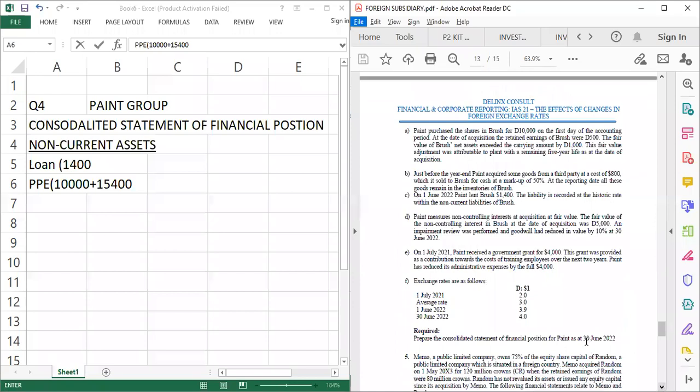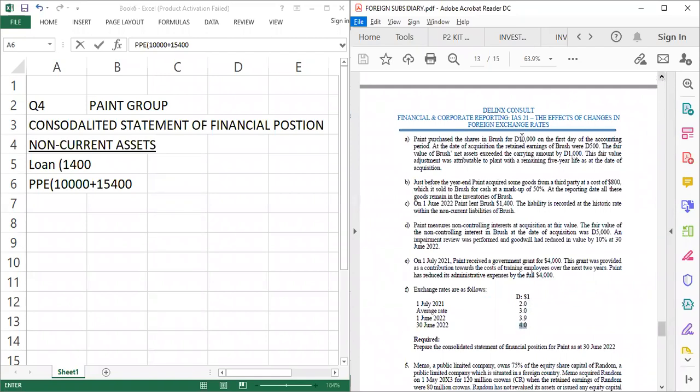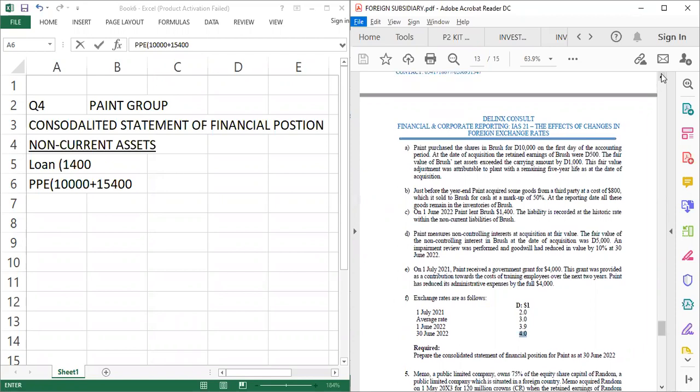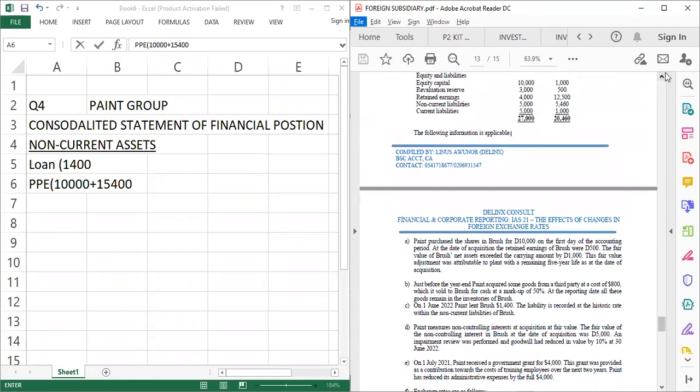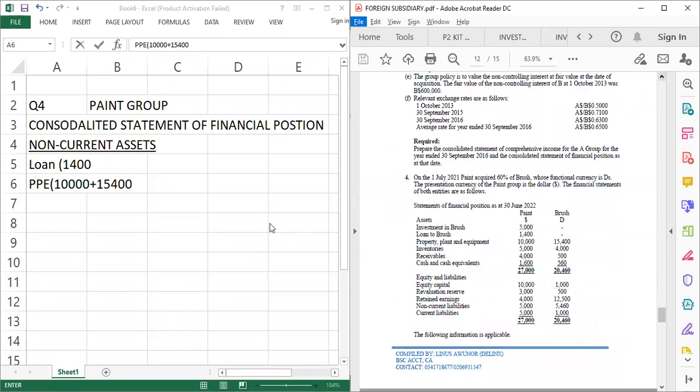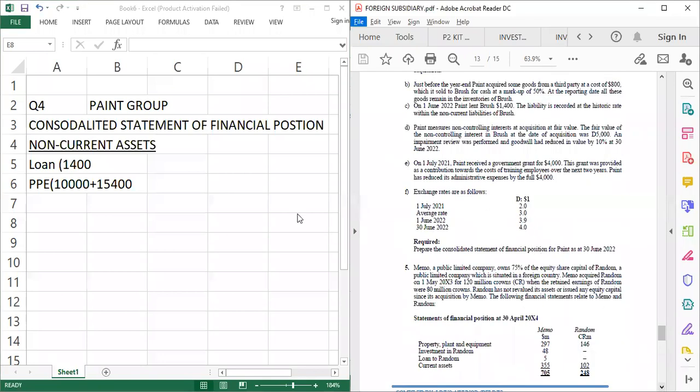We are preparing this at 30th June, so we use the 4.0. Okay. If 1D is equal to 4, okay, so it means that 4D is equal to $1, isn't it?